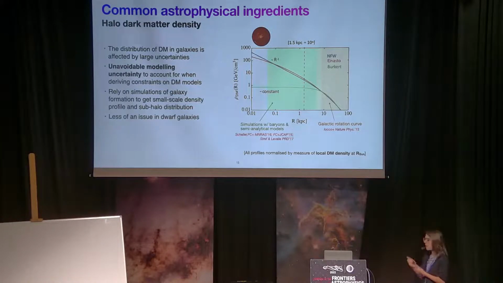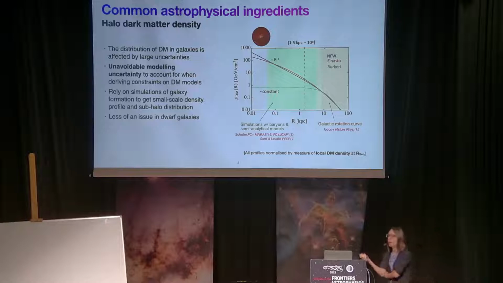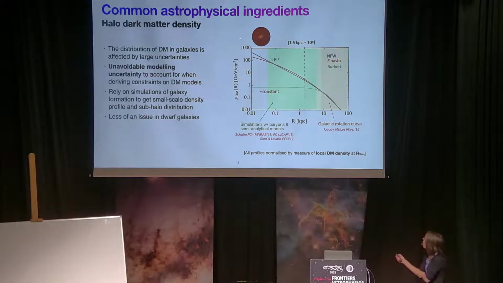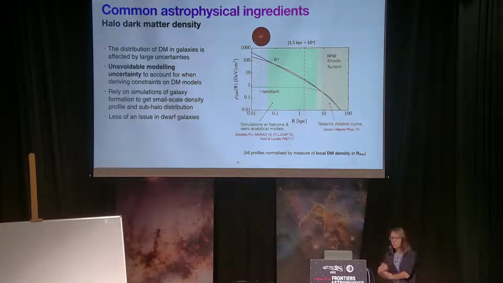So, but how is dark matter distributed in the halo of galaxies? Well, the dark matter density distribution, or energy distribution, as a function of galactic radius is really one of the most important systematic theoretical errors that you can have, because we don't really know, for example, in our own Milky Way, what the dark matter profile is down to the center. We can use the galactic rotation curve of the Milky Way to infer the dark matter distribution down to a few kiloparsec.